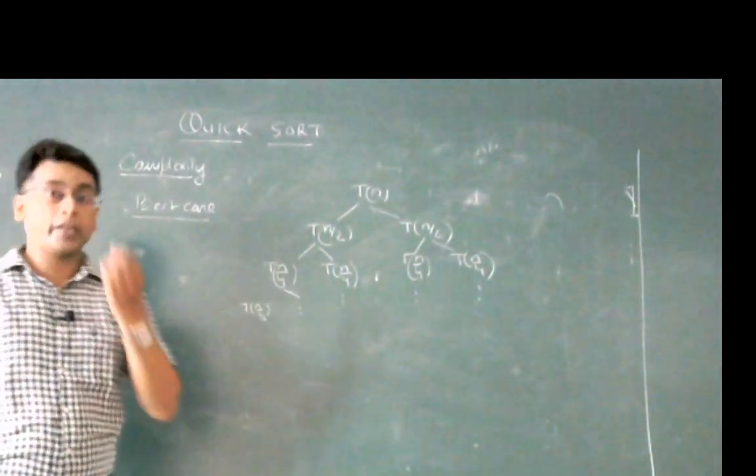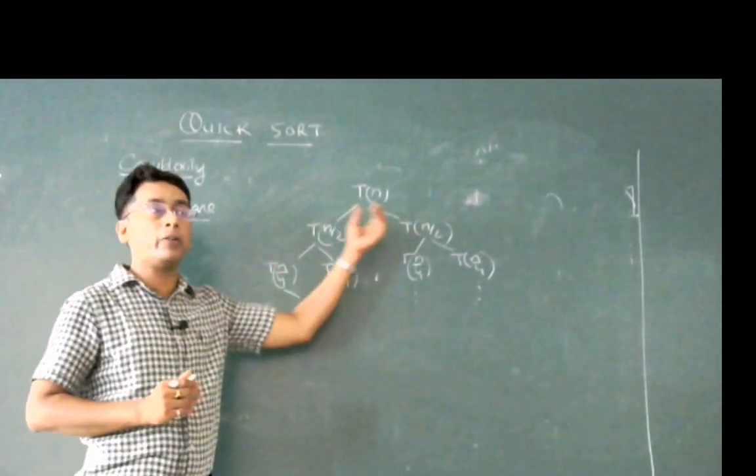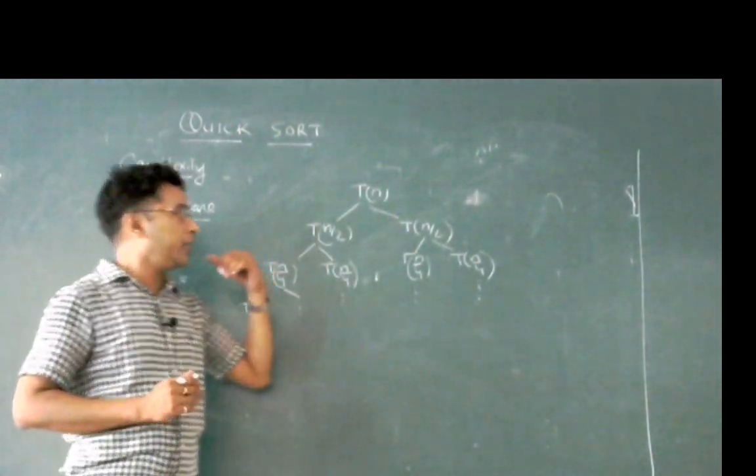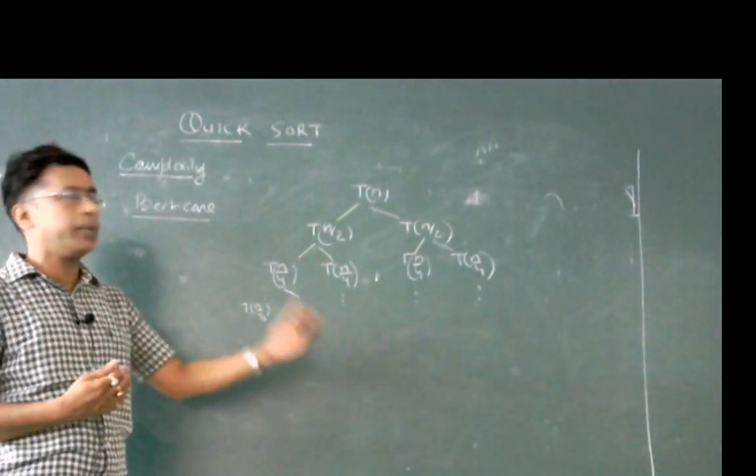This is the case where we are partitioning the tree in perfectly balanced form, and the pivot element is partitioning the array in such a way that there are equal elements on the left hand side and equal elements on the right hand side.